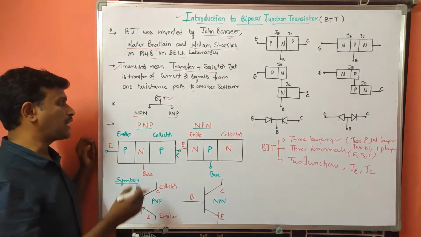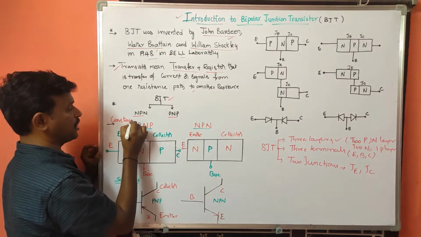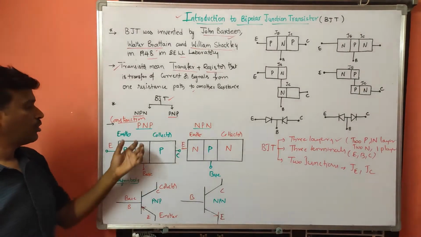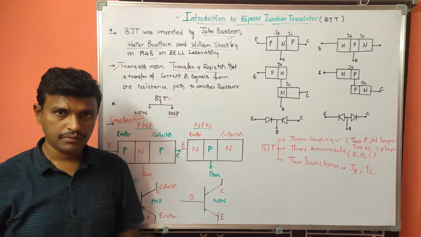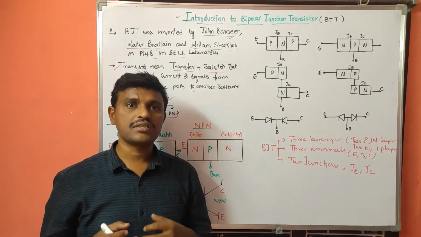Okay, now what is the construction of this BJT? We have PNP transistor and NPN transistor. So how can we construct this BJT?